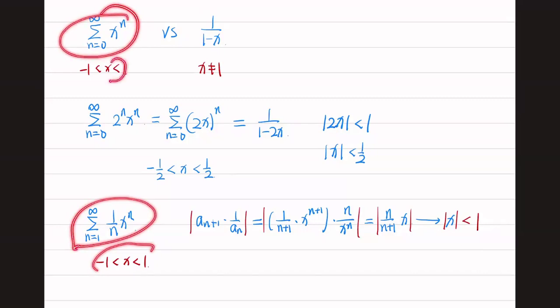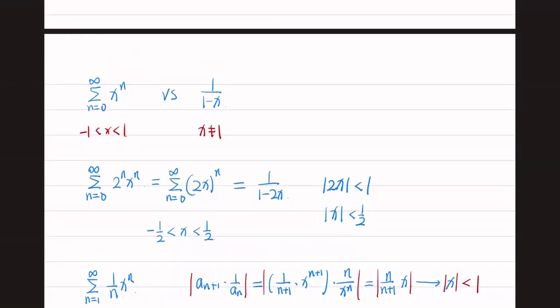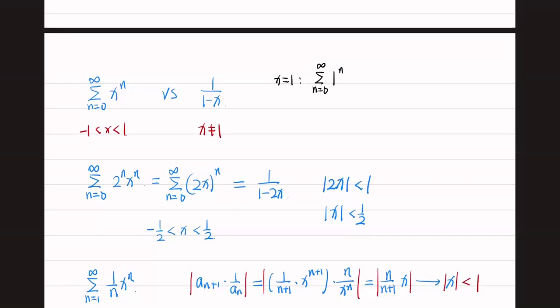Okay, then what happens if x equals 1 for this one? If x equals 1, convergent or divergent? Okay, what test do you use? Okay, there's the test for divergence because the limit of this is not 0. Okay, divergent. Now x is -1. So Kina, what do you say about this series?